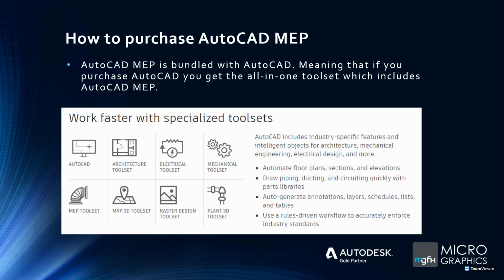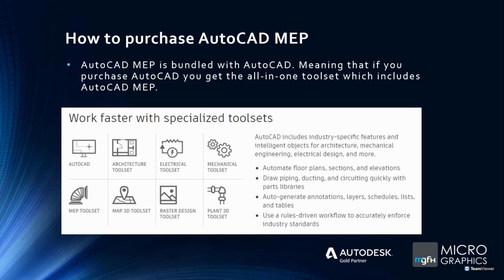All right, so how can it be obtained? You cannot purchase it on its own anymore. How you would get hold of it is you would purchase just plain AutoCAD. Now, Autodesk has made all the flavors of AutoCAD available when you purchase plain AutoCAD. They're called the specialized tool sets.